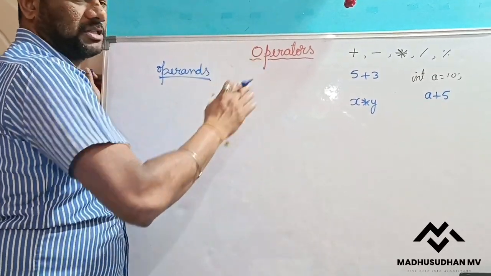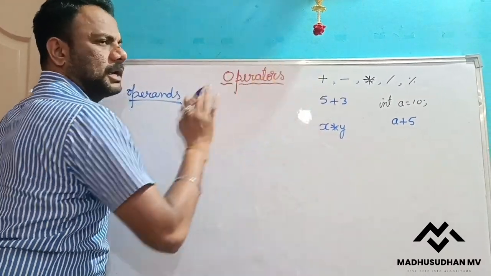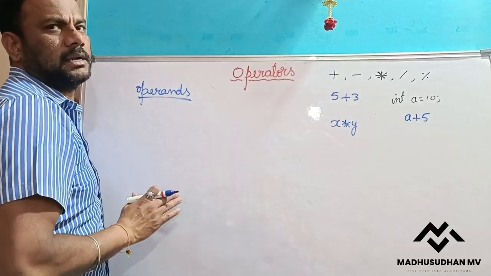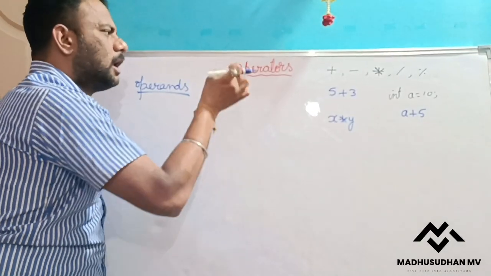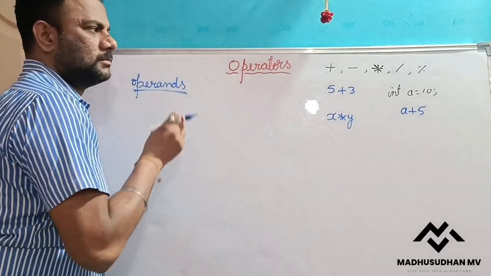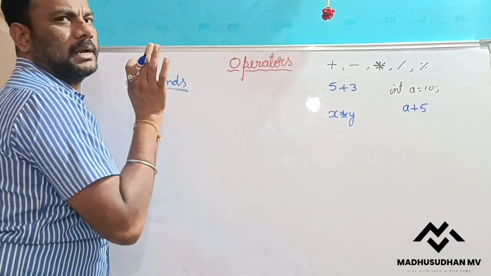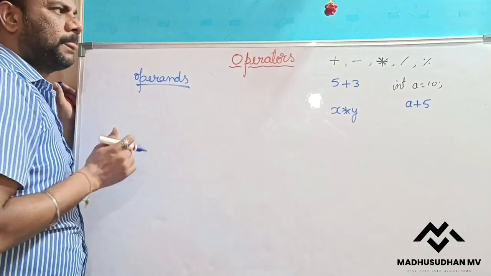Operands are the constants or variables on which we are performing some operations using operators. In simple words, operators operate on operands. I will repeat, operators operate on operands.